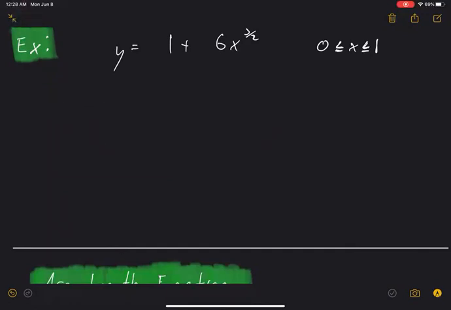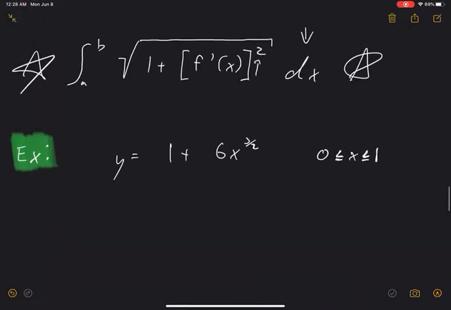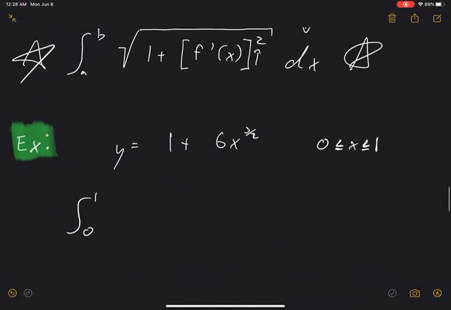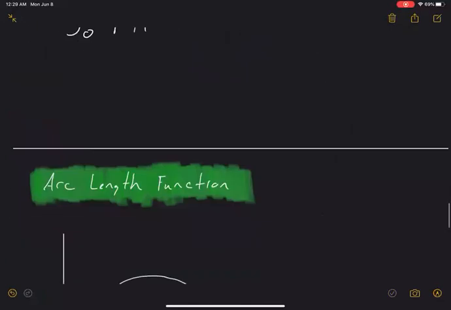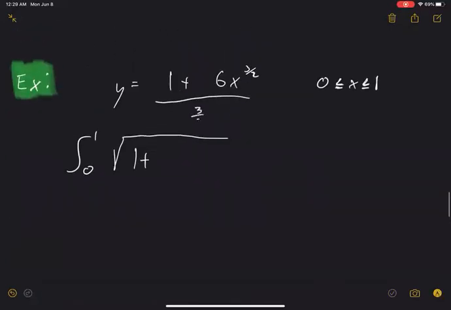So I know from this formula, the arc length is going to be given by the integral from 0 to 1, right? Those are just the bounds I'm given. And then I need the square root of 1 plus f prime of x squared. Well, if this is my f of x, what's f prime of x? The derivative of this would be 3/2 times 6x to the 1/2, in other words, 9x to the 1/2.